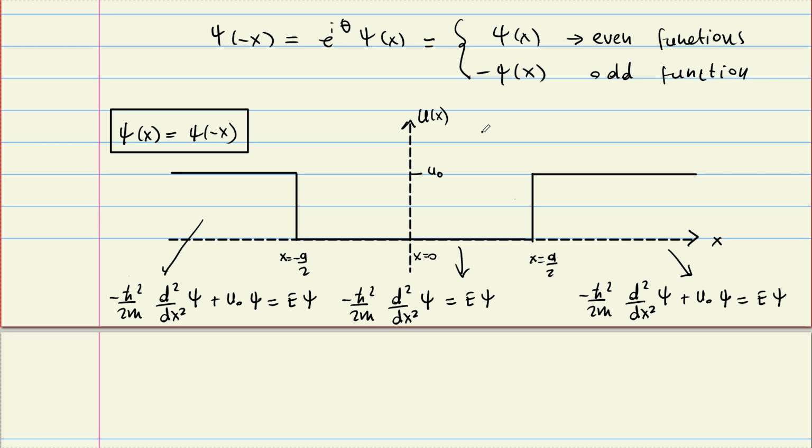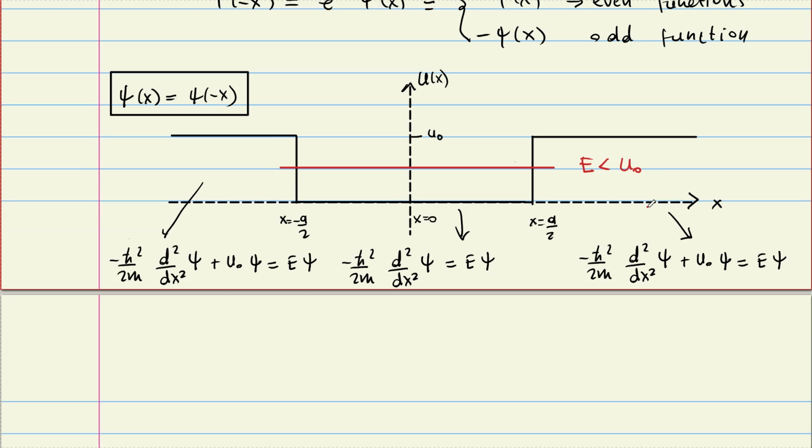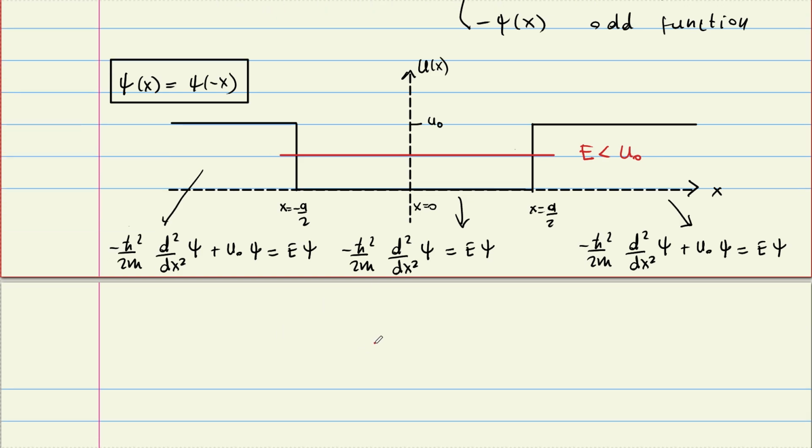And now we have to make a decision about E, right? What I want to solve this equation for is these energies, for E less than U naught. These are the solutions I am interested in. So let's define these.